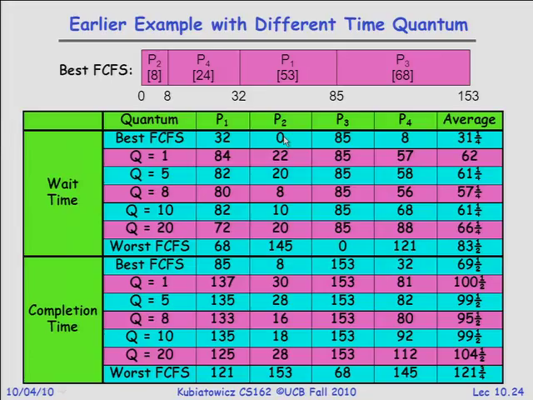And notice how the round robin scheduler does a pretty good job of at least bounding how long I take. Whereas the long job, which is P3, doesn't really care. It's all kind of 85 across the board except for maybe the worst first come, first serve. But basically, the point is the short jobs really benefit from round robin. The long jobs don't, but they don't really care that much.